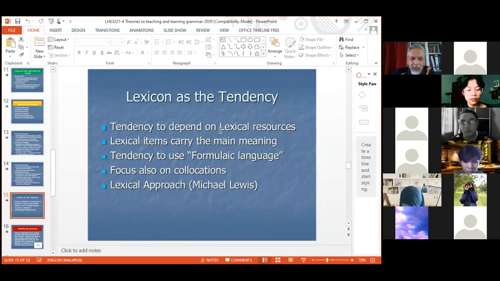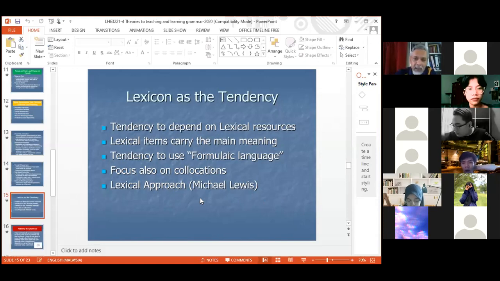So we don't just say what advice means, but you should also tell your students about words that come together with advice, like give advice, ask for advice, and so on. So you have an entire approach that is called the lexical approach, and this is something that is being proposed by Michael Lewis.